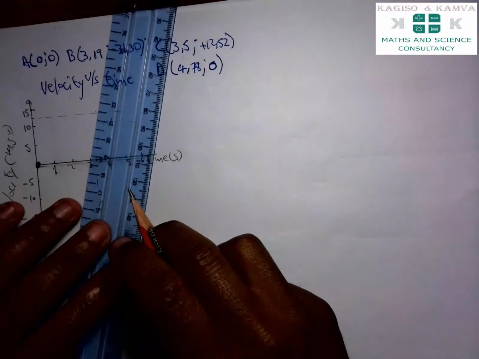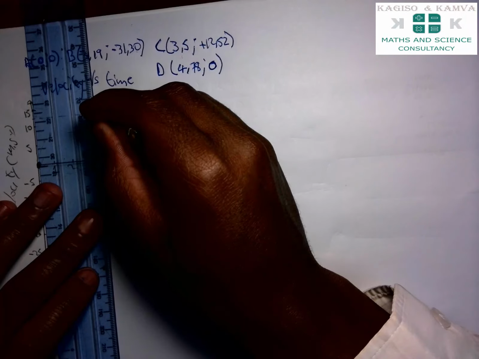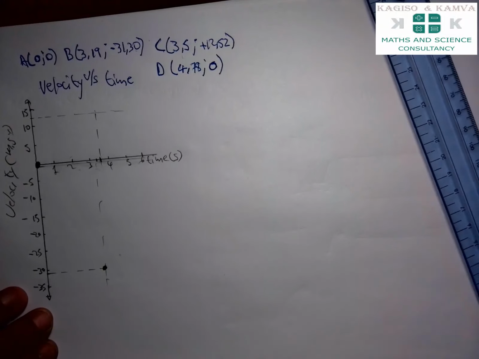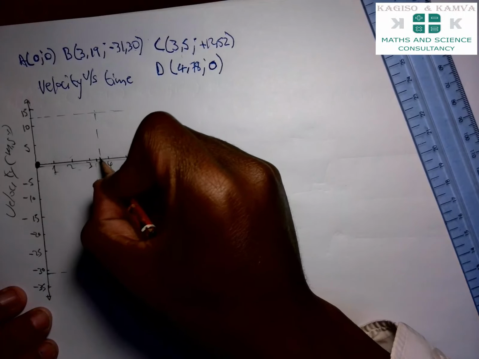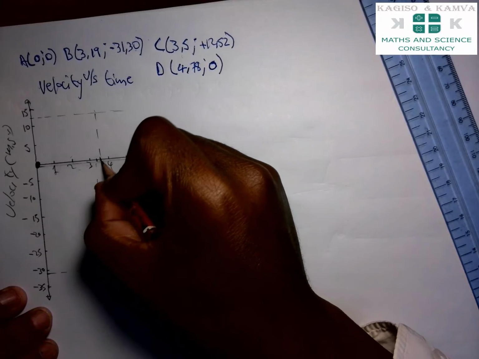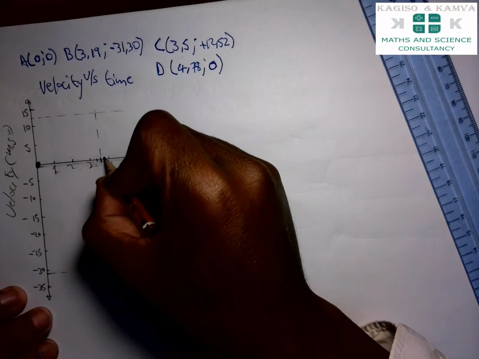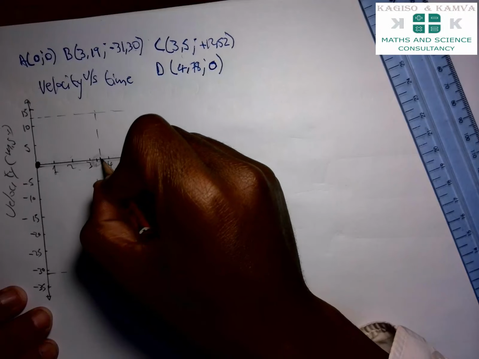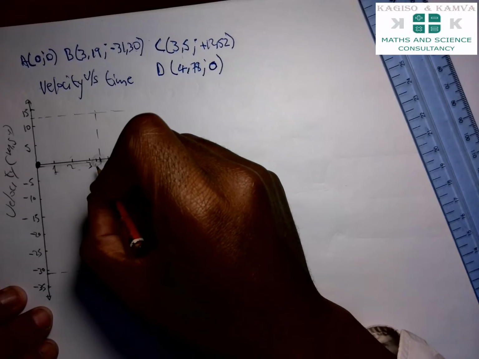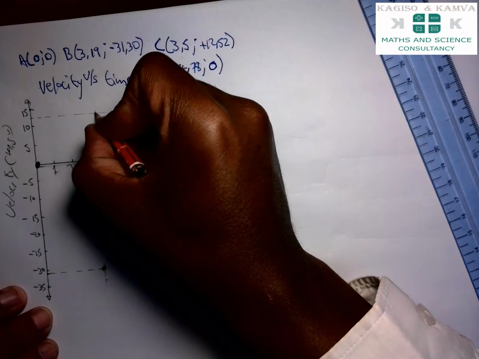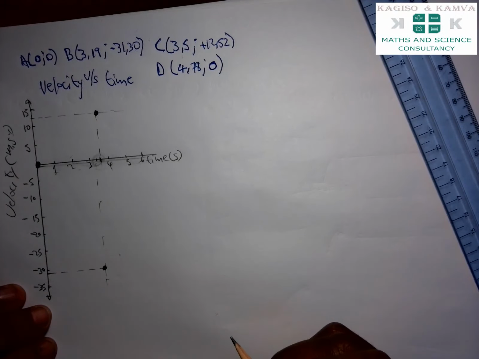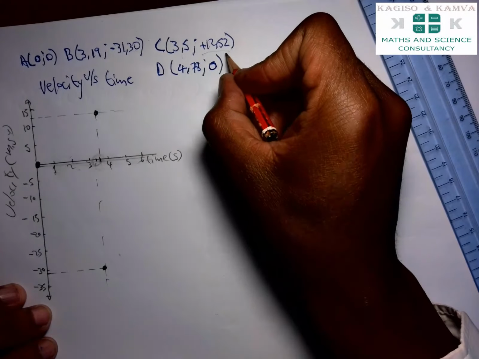I hope you are aware of that space of time. That will be the contact time. The difference in these times will be the contact time of 0,31. Now this is the velocity at which it leaves the ground.